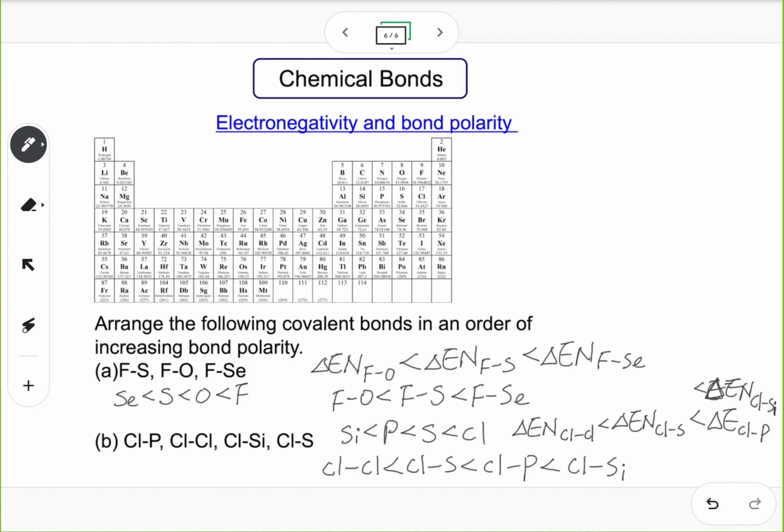So this is how we determine which bond is more polar, which bond is less polar. It's based on the electronegativity difference, and the electronegativity difference is based on the trends of electronegativity across the periodic table. All right, we'll do more practice in our lecture, and we'll see more examples.